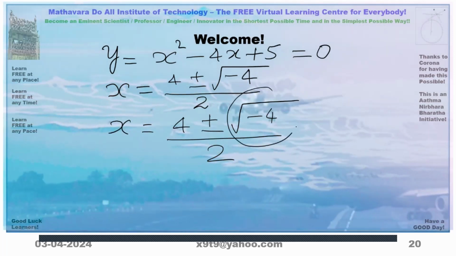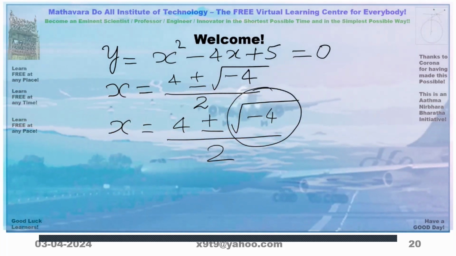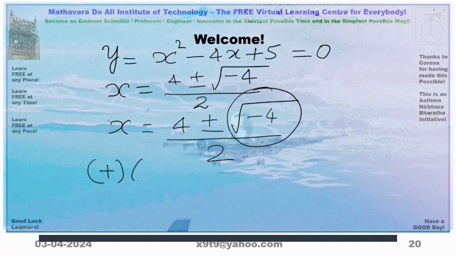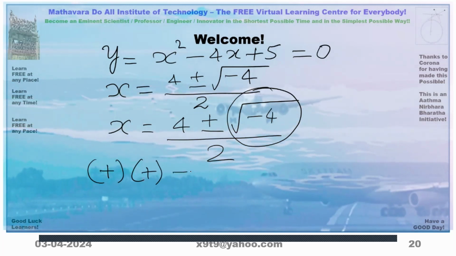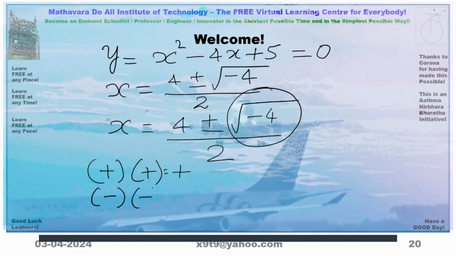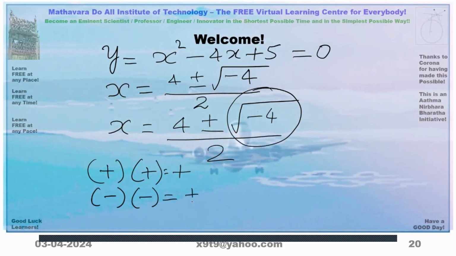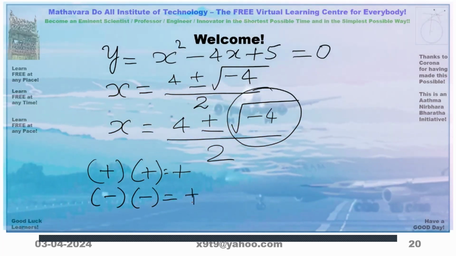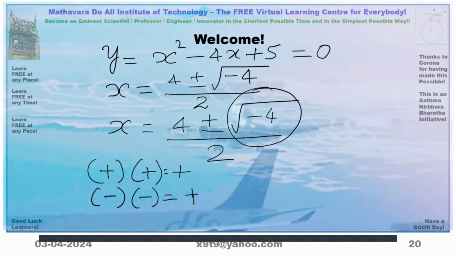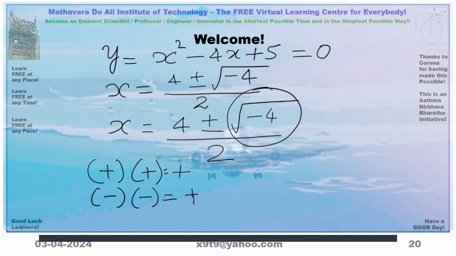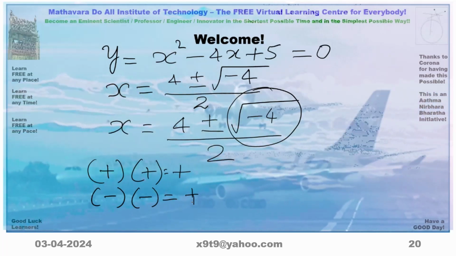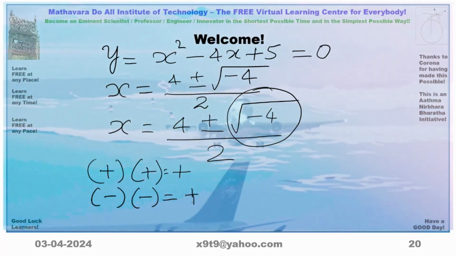So what we know so far is that plus multiplied by plus is plus, minus multiplied by minus is plus. Is it not? Yes. But here there is a number which when multiplied by itself, the result is negative.